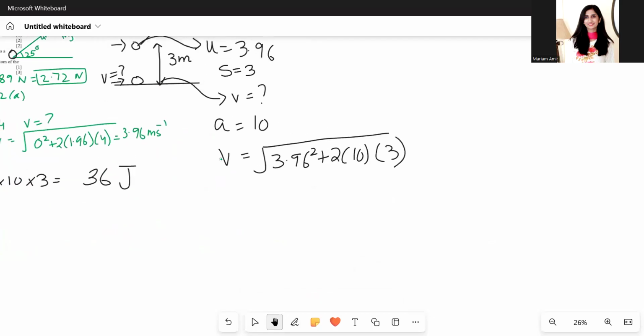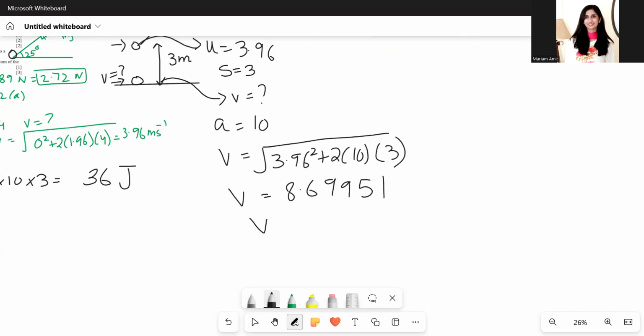It comes out to be 8.69951, which rounds off to 8.70 in 3 significant figures. Okay, then it's 8.70.